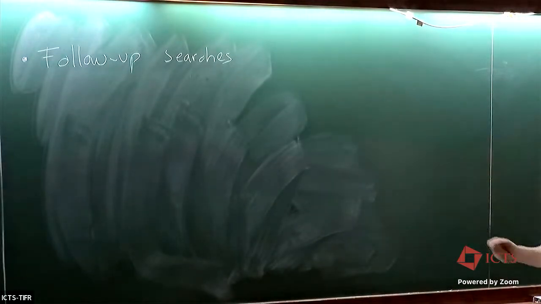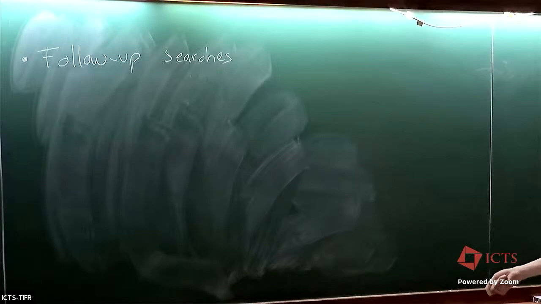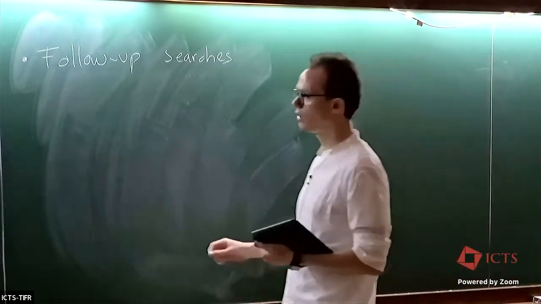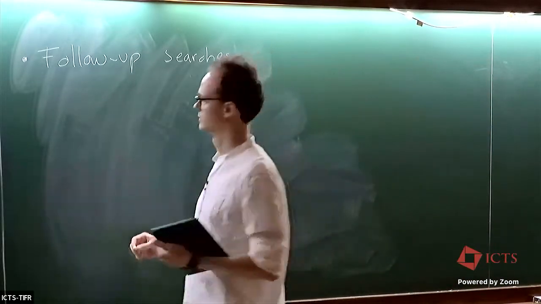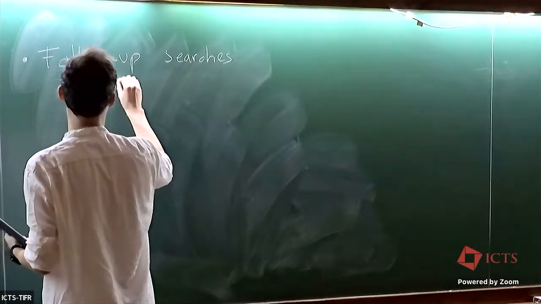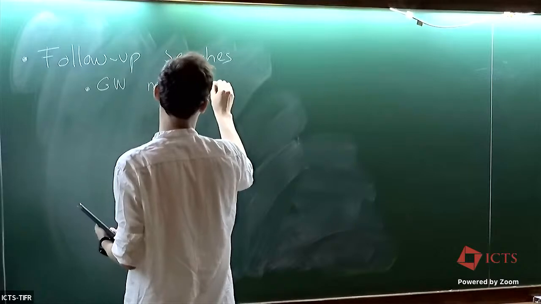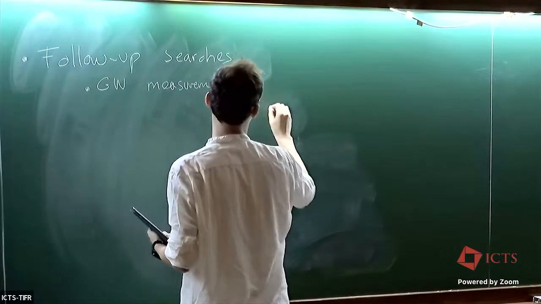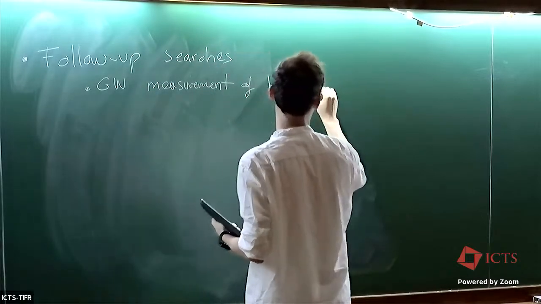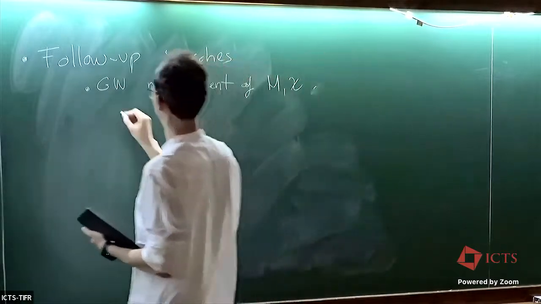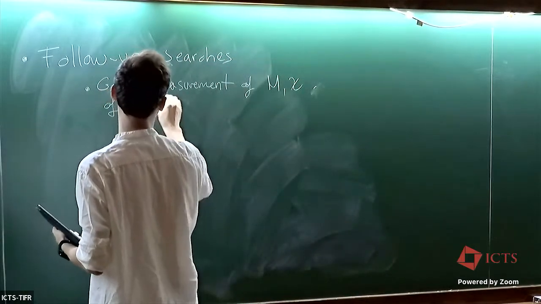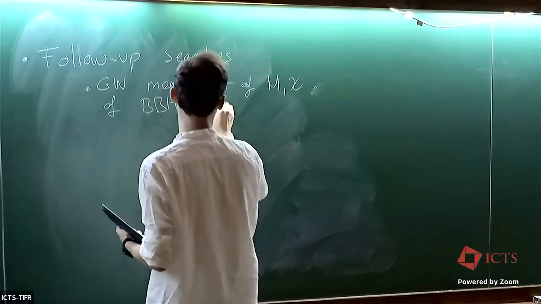All of these things are measured purely by the gravitational wave observation of the compact binary merger. So: gravitational wave measurement of mass and spin of the binary black hole merger remnant.